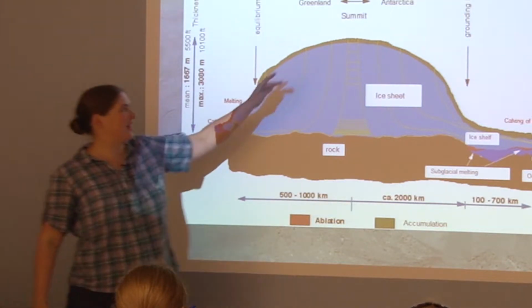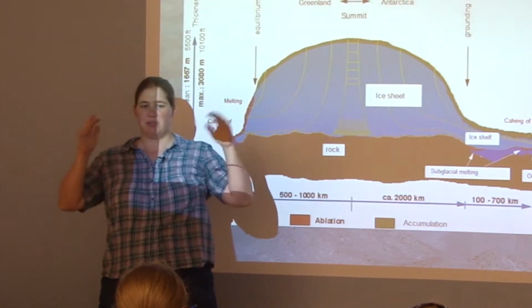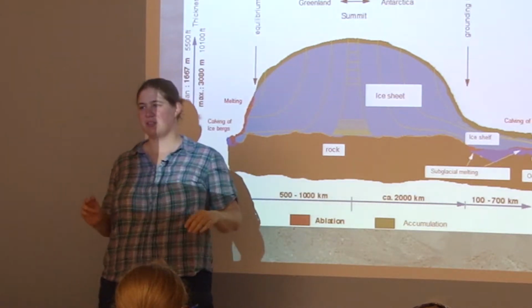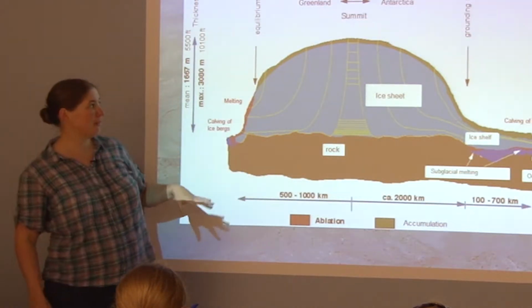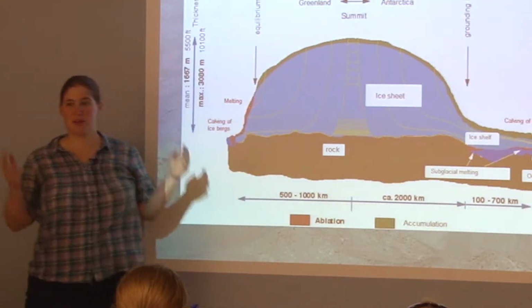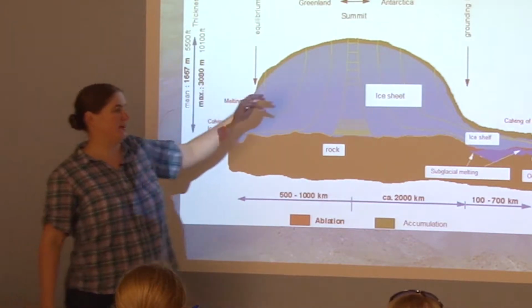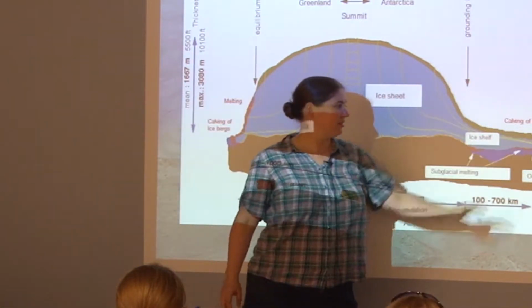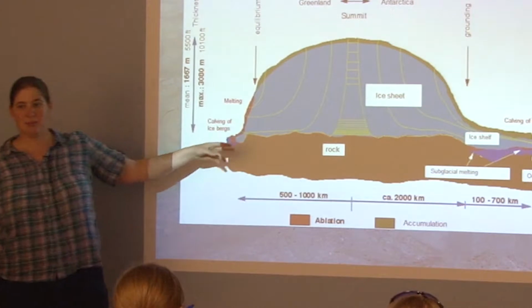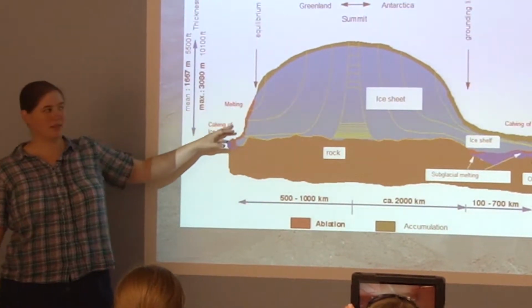Then the ice is accumulated here, the snow becomes more and more compressed, and the glacier is not at all static, a glacier is moving. The ice is flowing, and somewhere the ice has to go, and it goes to the side of the glacier. In Greenland, because it's a bit warmer, there's already melting at the ice edge.